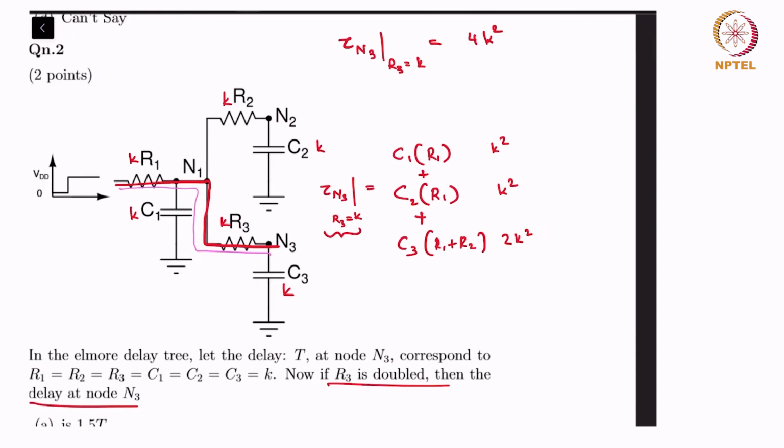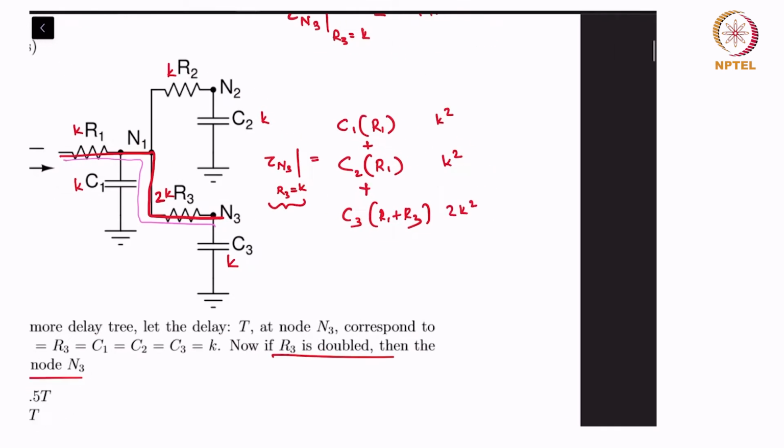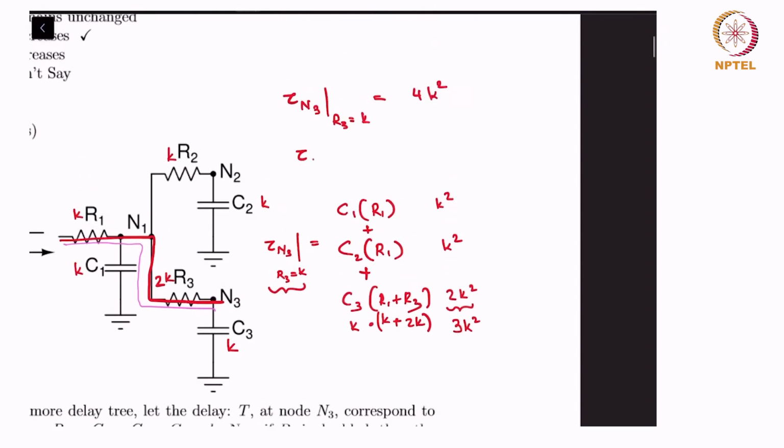Now, sorry, this is R1 plus R3 over here. If R3 is doubled, that is, it's made 2k, then this will be k plus 2k times k. So 2k squared will become 3k squared. So that means tau at N3, for R3 equal to 2k, you will get 5k squared.